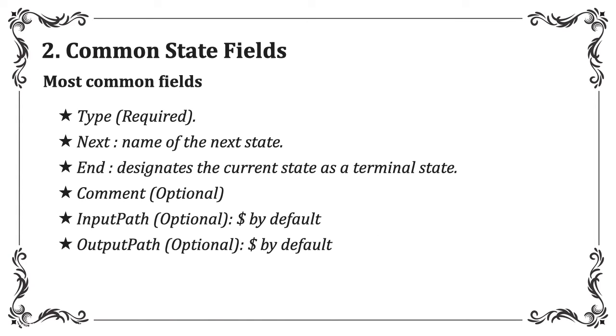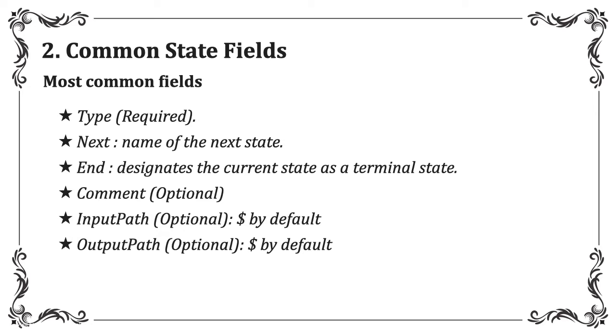In our example, we have seen three state fields: Type, Result, and End. The Type and the End fields are two of the common fields. And the six most common fields start with Type, which is a required field, and it is the only one required. However, it must either exist or come with a Next or an End field.